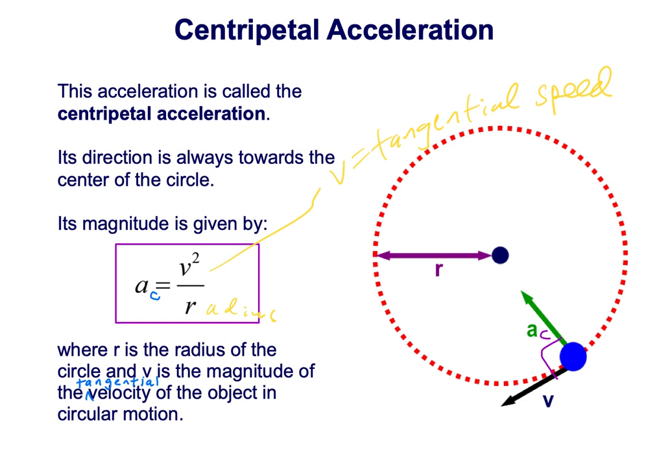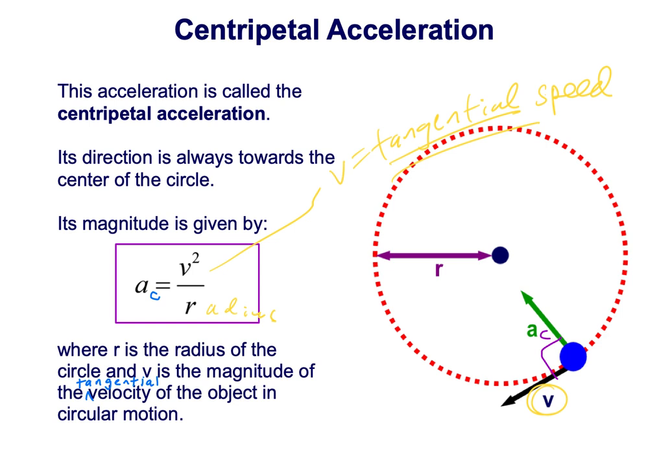So anyway, here's the equation for centripetal acceleration. AC equals V squared over R. V is the tangential speed, not the angular speed, revs per second. No, it's meters per second, 2 pi r over t. And r is the radius, of course.